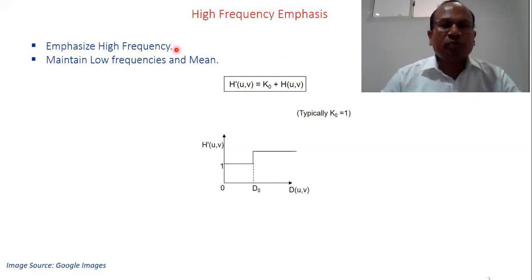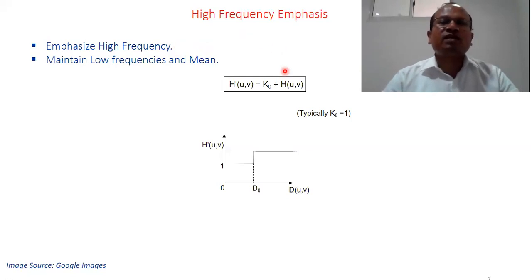We try to predominantly highlight the high frequency content, but at the same time we do not attenuate low frequency. And the mean value, meaning the average value of intensity or grayscale values, is maintained along with the low frequency component. We do not suppress that.